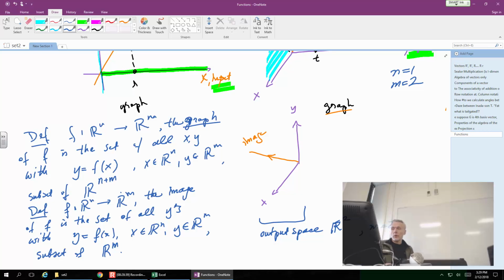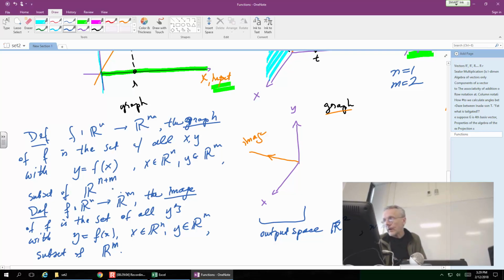Once again, it is a complex concept that you only really learn through examples, and we'll gradually go to higher and higher dimensions, more and more complex functions, and we'll be coming back to these two definitions often.